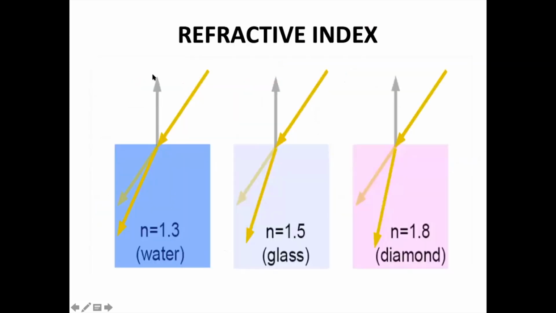So when light is moving from air to water, the refractive index is 1.3. The refractive index is 1.5 over here. That means light is traveling 1.5 times slower than in vacuum. Or as I can say, the speed of light in vacuum is 1.8 times more than that in diamond.